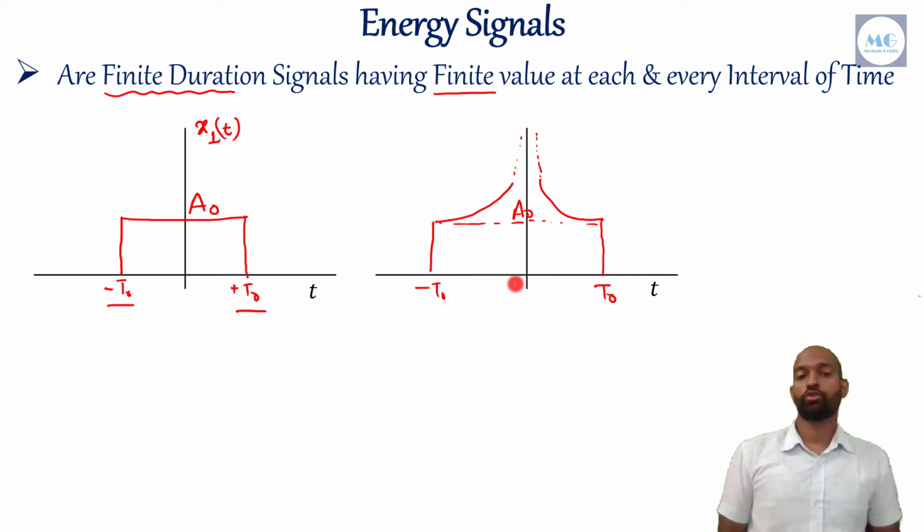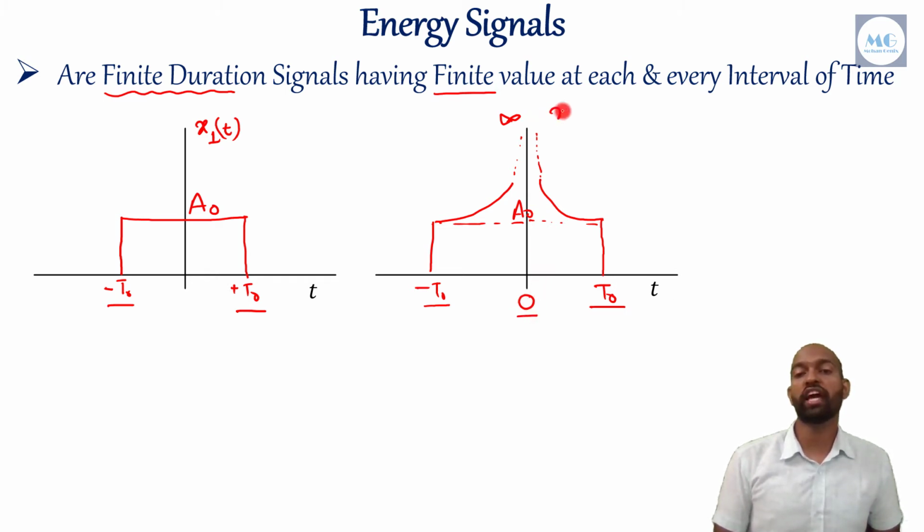This is also a finite duration signal, as it is from minus t naught to plus t naught, but its value is approaching infinity near about 0.